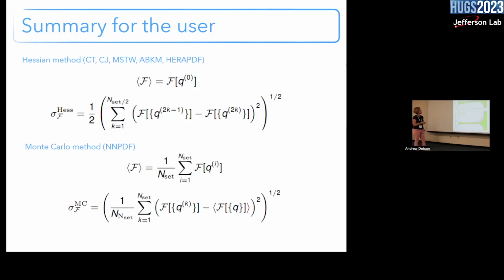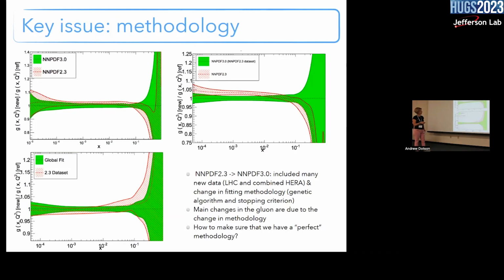Okay, very good. There is a small thing, but I think it's important because it's a general problem. NNPDF 2.3, this is a kind of self-criticism, but it was very important to learn it. There were a lot of details related to the methodology, because you have a big parameter space and you have to minimize things.